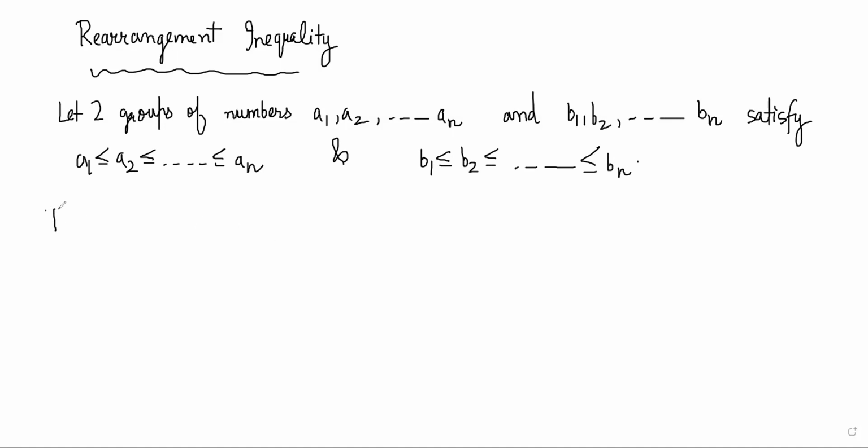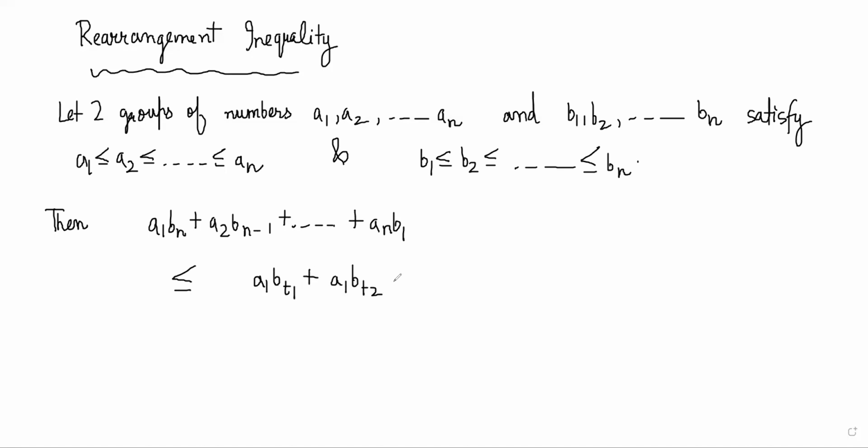Then we can show that A1 times BN plus A2 times BN minus 1 and so on till AN times B1 is less than or equal to A1 B_T1 plus A2 B_T2 plus ... plus AN B_TN, and that is less than or equal to A1 B1 plus A2 B2 plus ... plus AN BN.